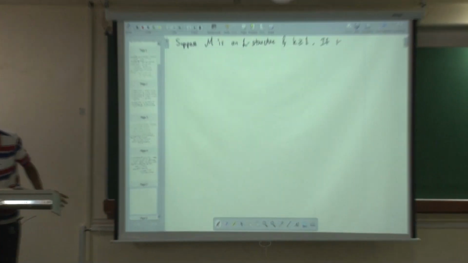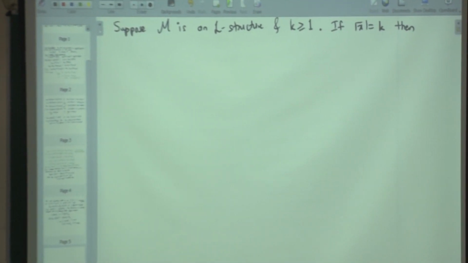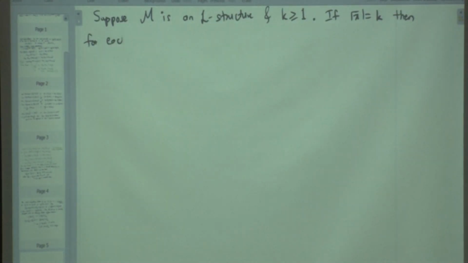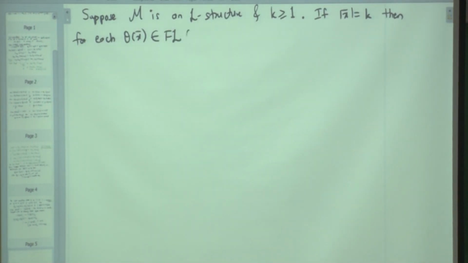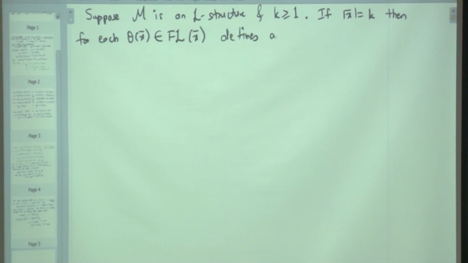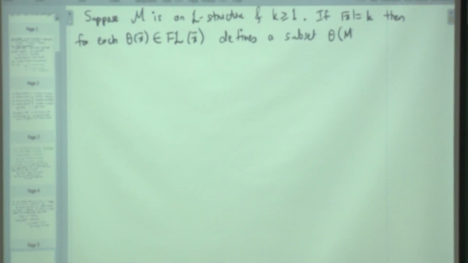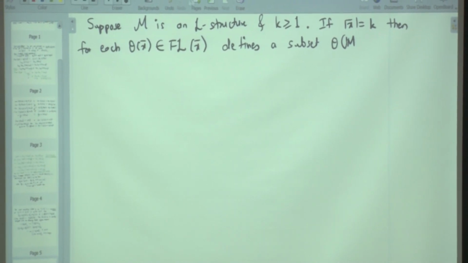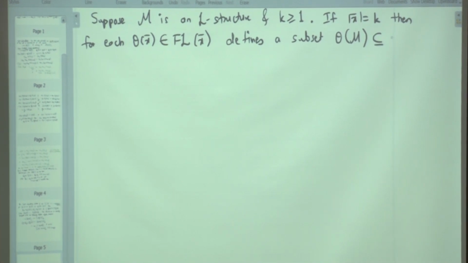If length of x bar is K, then for each theta x bar in FL x bar defines a subset, theta of M, I mean curly M, let me write it properly, theta of M subset of M to the power K.